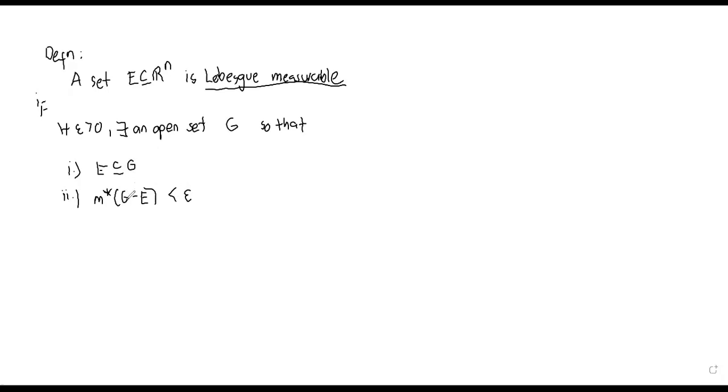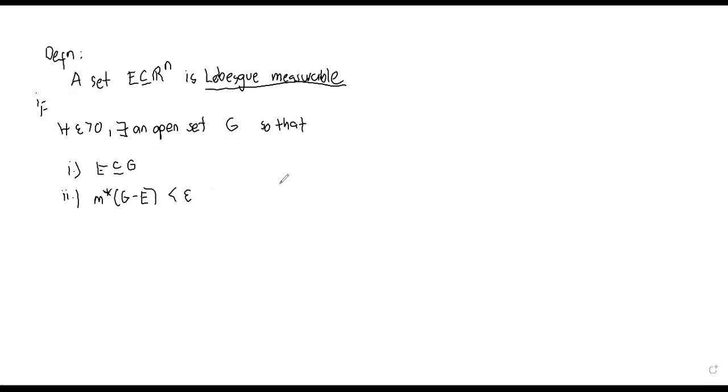Where yung outer measure dapat ng difference nila is as small as possible. So dito, Lebesgue measurable ang isang set kapag kaya nating makapag-produce ng open set na almost the same outer measure kay E.